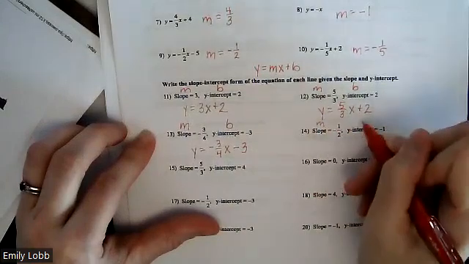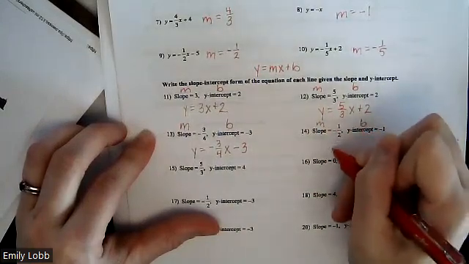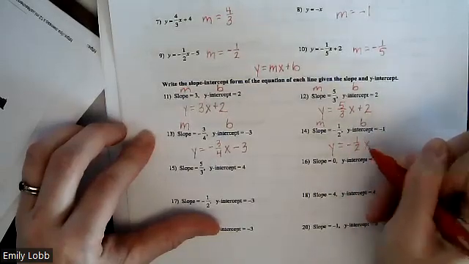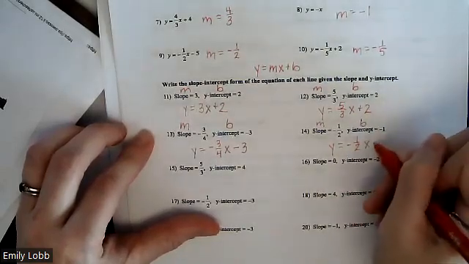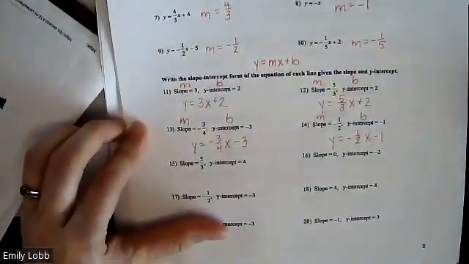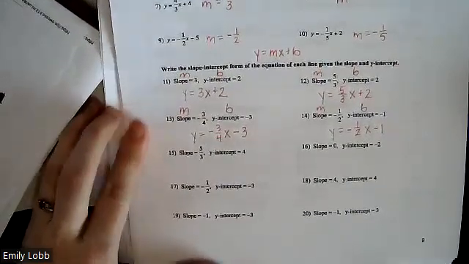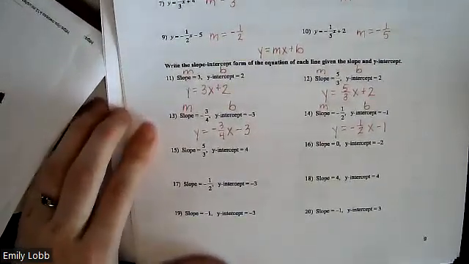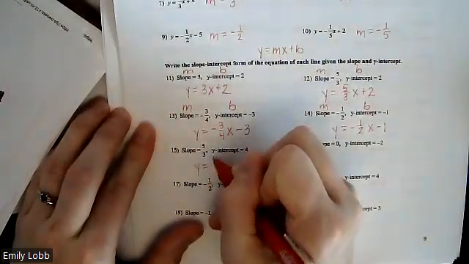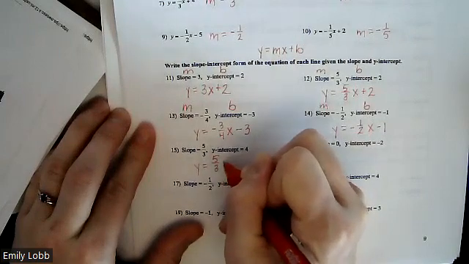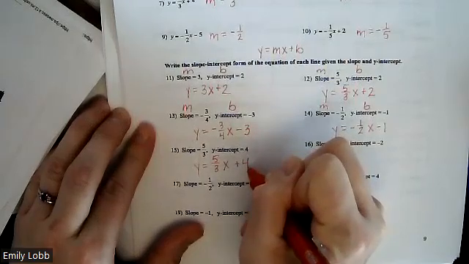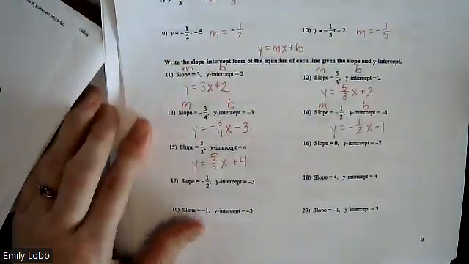Again, our slope is m, our y-intercept is b, so y equals m, so -1/2 x, mx, plus b, so we have -1 here. Do you guys see the pattern and what we're filling in? So for 15, y equals m, so m is 5/3, x plus b, so +4 here.